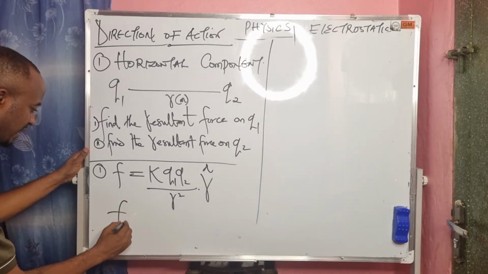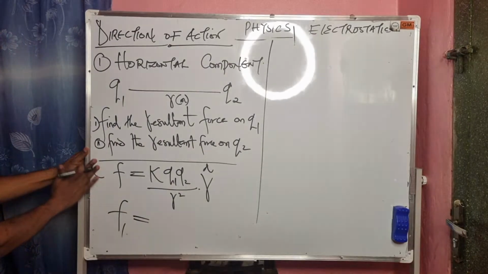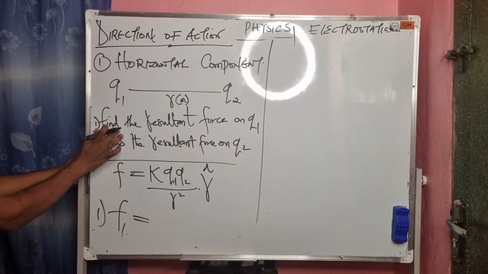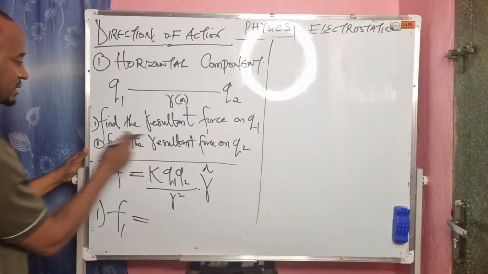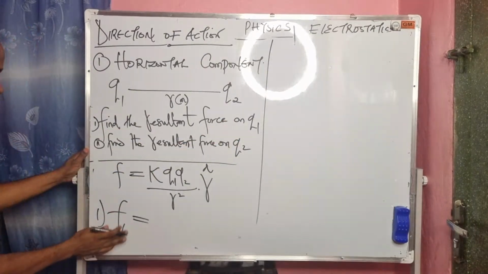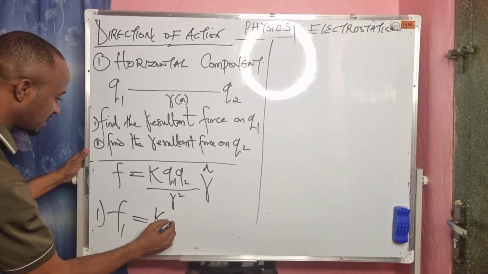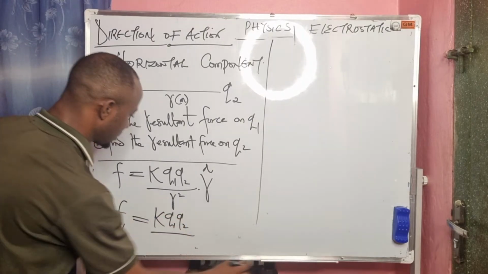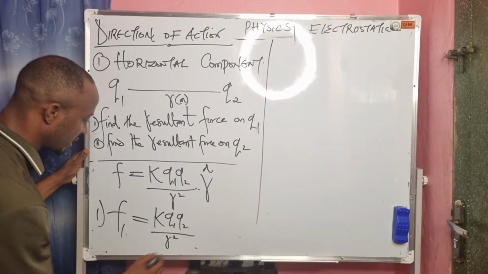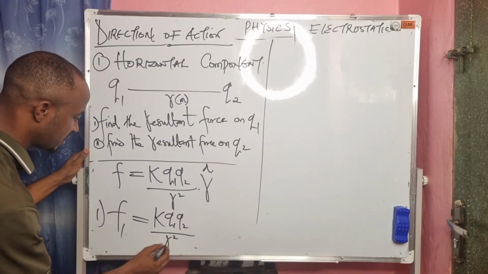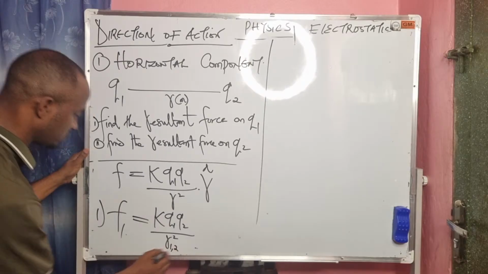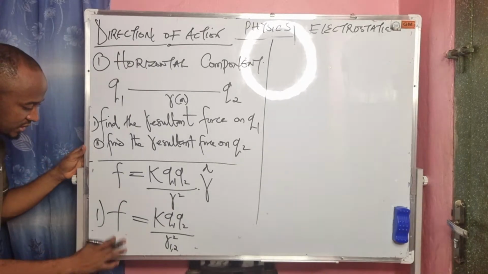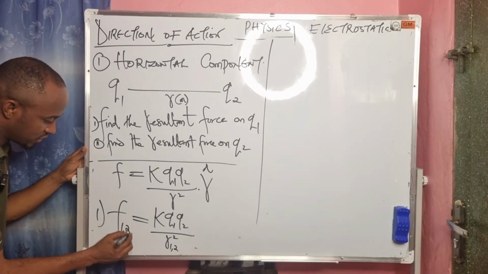So to find the force on Q1, F1 is the same as K Q1 Q2 divided by r squared times the unit vector r 1 2. This is also the same as the unit vector 1 2.